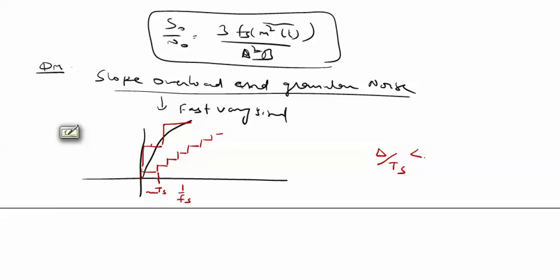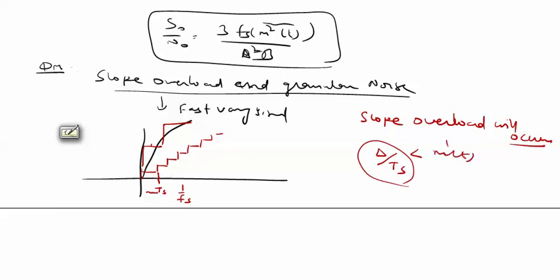For slope overload to occur, the slope of the modulator should be less than the maximum slope of the message signal. If it is so, slope overload occurs.